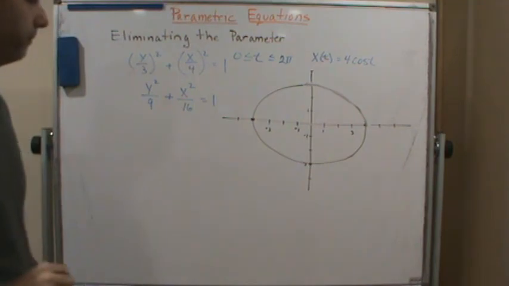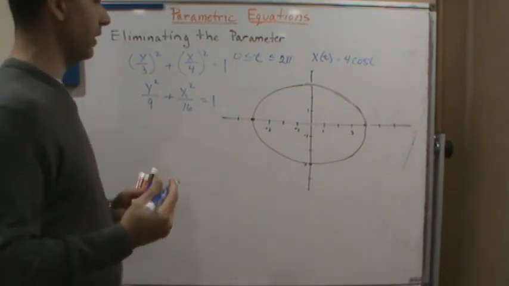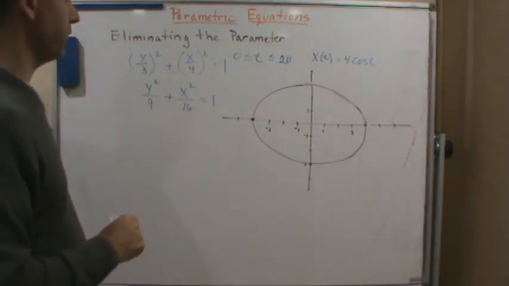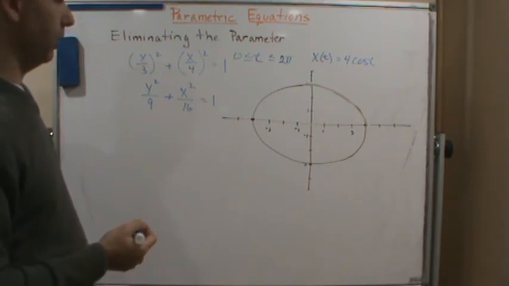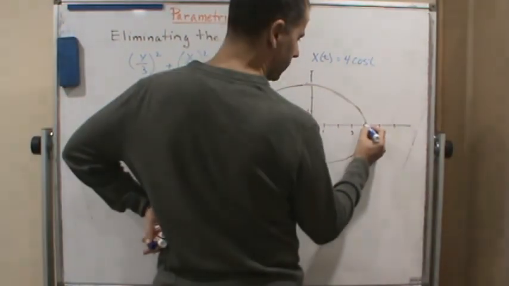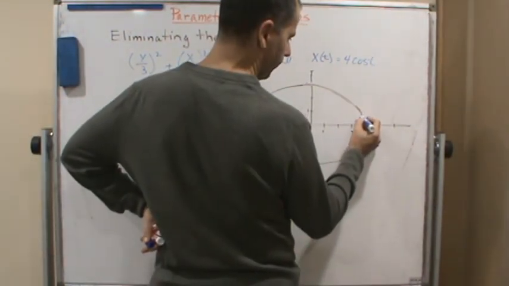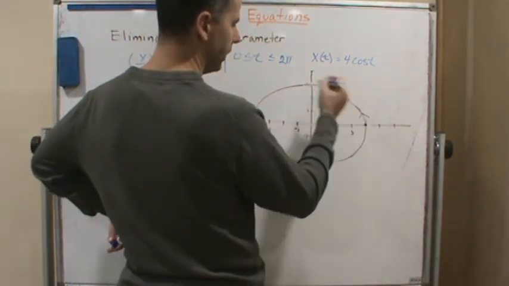Something like that. Okay. Now, where the directional lines come in is the fact that we start at 0, right? And so when t is equal to 0, x is 4, right? So it starts right here, and it's going to go counterclockwise.